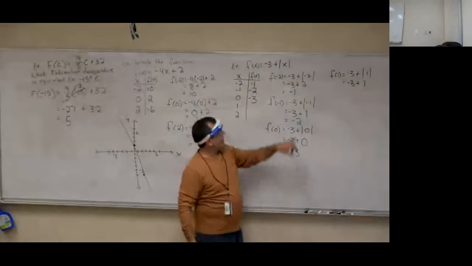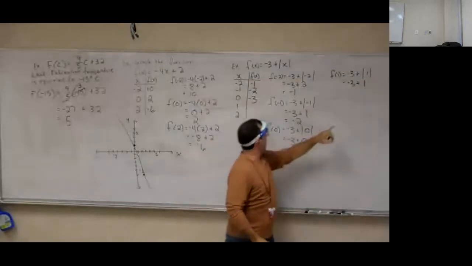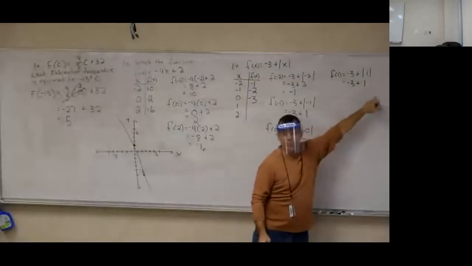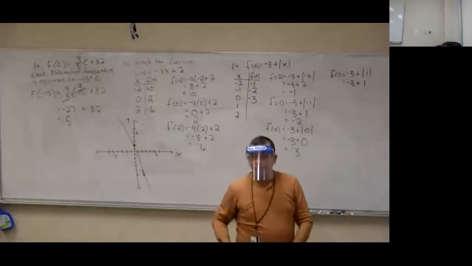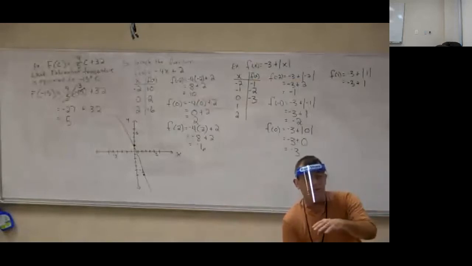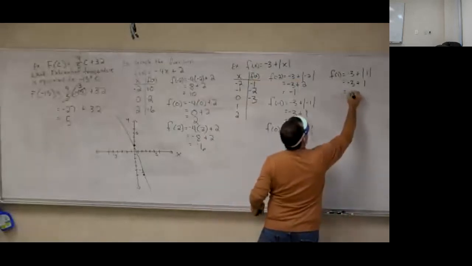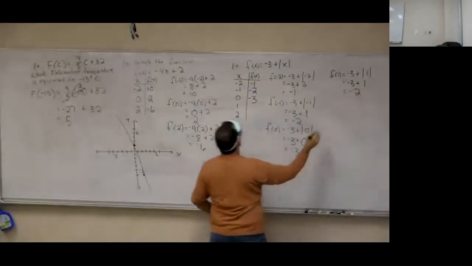So notice, whether that's a -1 in there or a +1 in there, it will come out as a 1 for both of those. Okay? Remember, absolute value don't care about signs, it just cares about how far you're from that 0. All right, -3 plus 1 is going to give me a -2.